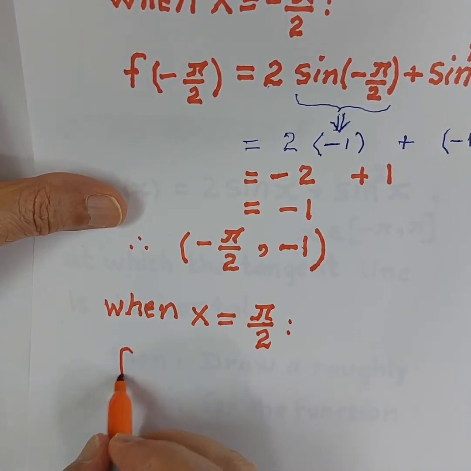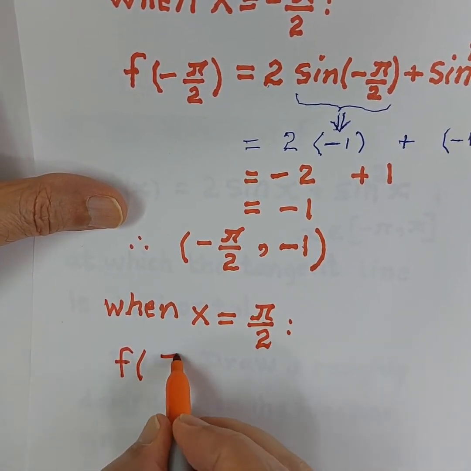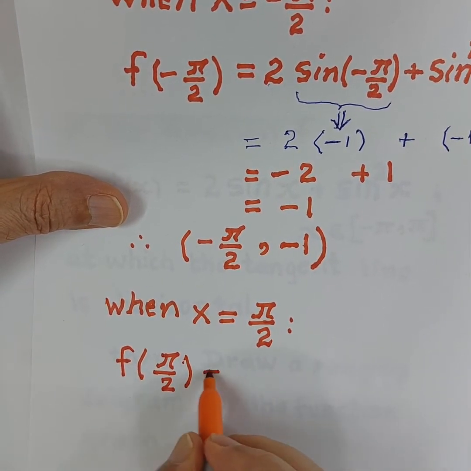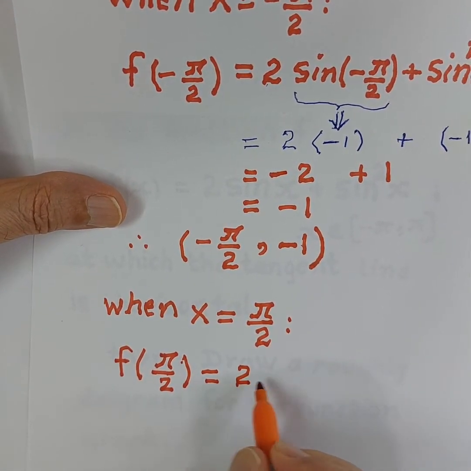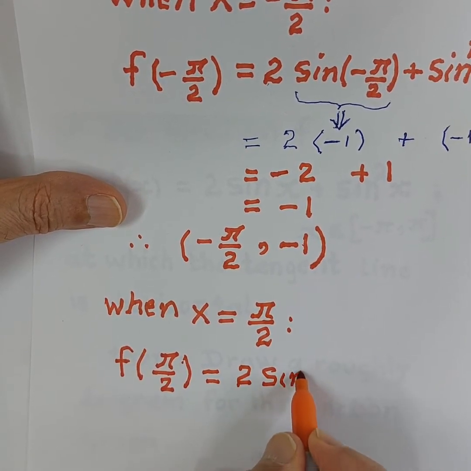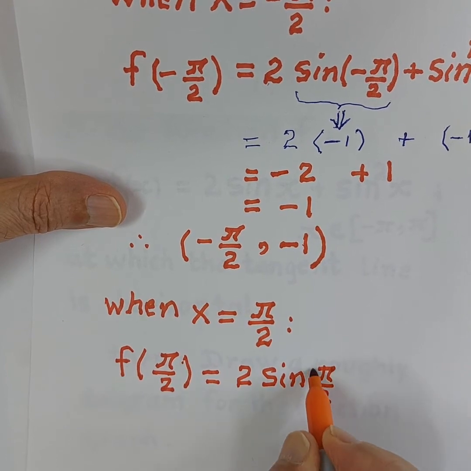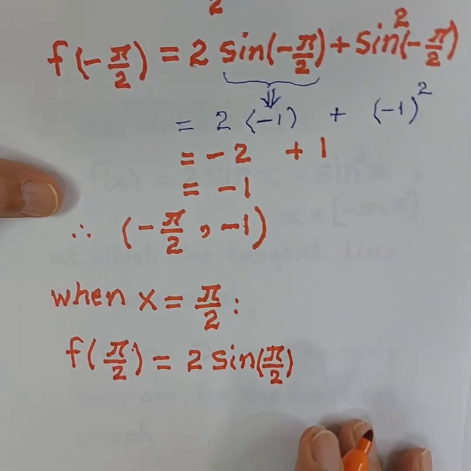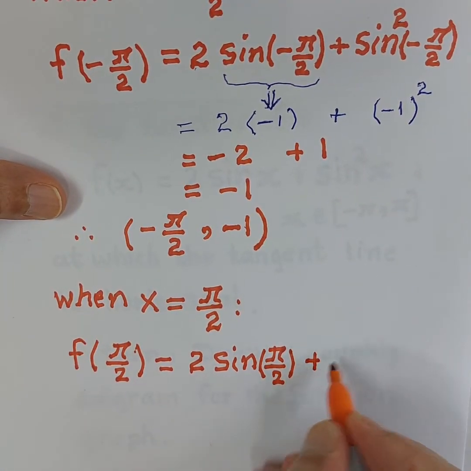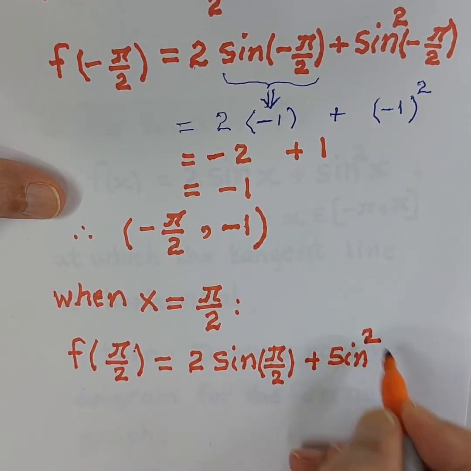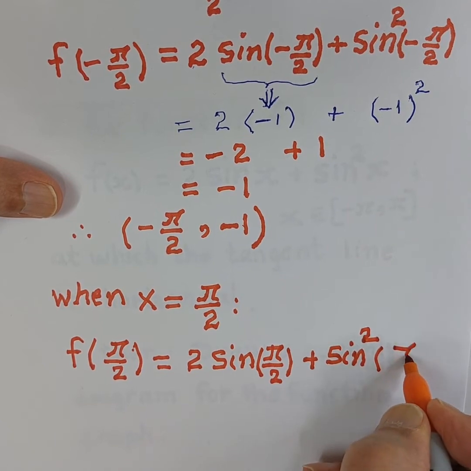So if plus pi over 2, y equals 2 sine plus pi over 2 plus sine square plus pi over 2.